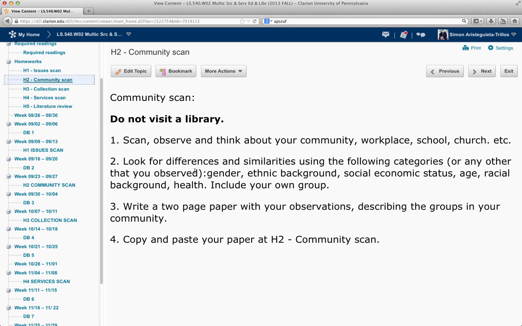It's about observation. It's a first person account of what you see in the community. One about issues that you see, and another one about groups that you see, or communities, or populations, or groups.